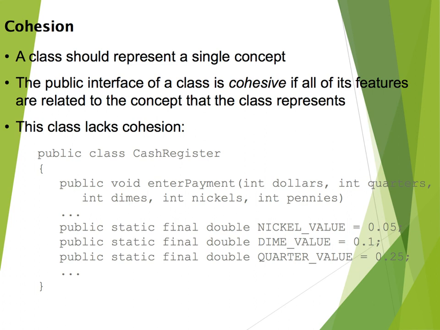These are features of coins, and coin and cash register are two different objects. So it's better not to include these public variables inside the class CashRegister, for the sake of making CashRegister cohesive.